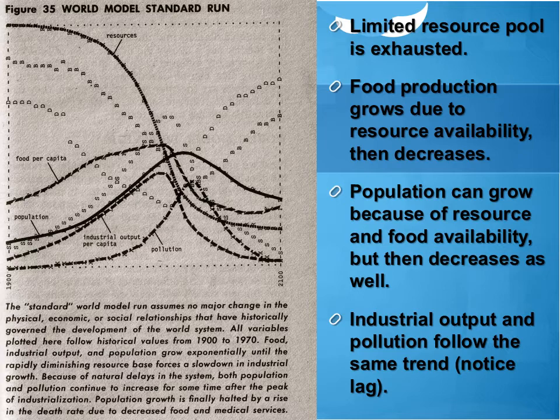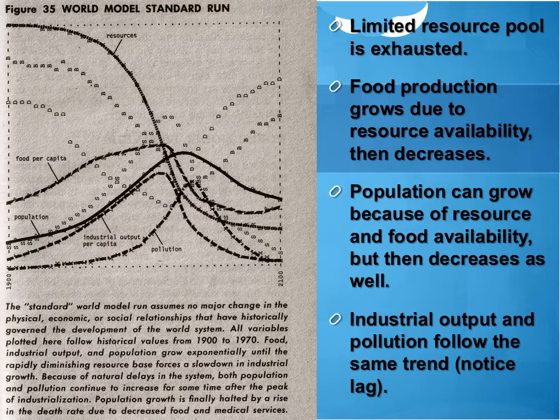There'll be more machines. There'll be more production of other things, but that generates pollution, and both of those grow, of course, until the resource pool is being shut down and the resources decrease to a point where there's pretty much none available anymore.